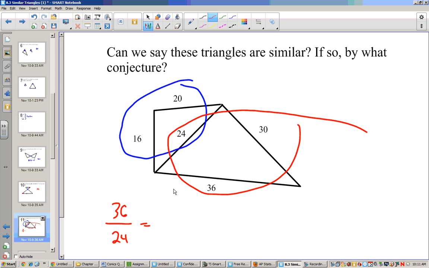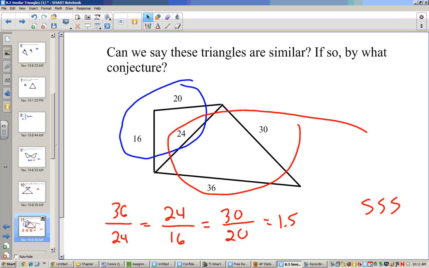The smallest side in the big triangle, which is 24, is going to match up with the smallest side in the little triangle, which is 16, and the medium side, 30, is going to be over 20. Now if I divide these, I'm going to get 1.5 each time. So by side, side, side, these triangles are similar.